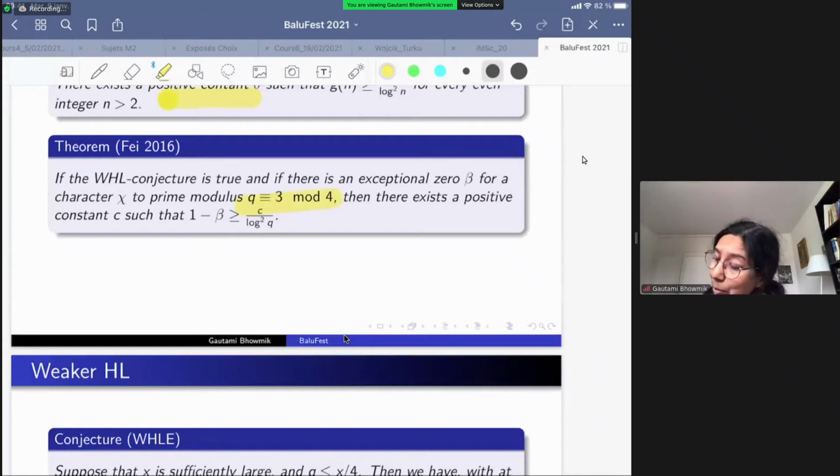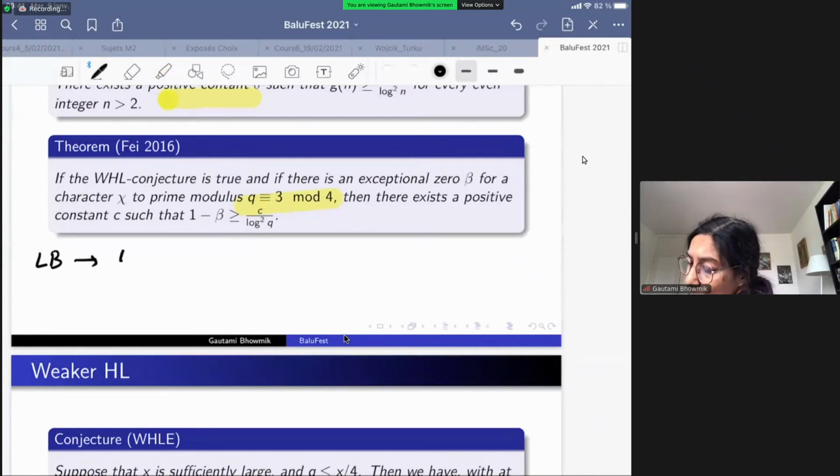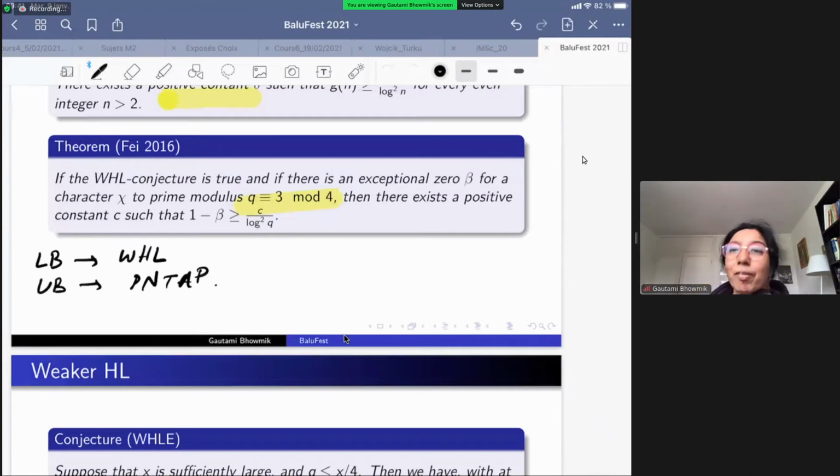You can get 1 minus beta greater than or equal to C by log square Q. So what phi does is he gets a lower bound using the weak Hardy-Littlewood conjecture, and he gets an upper bound using the prime number theorem in arithmetic progression.